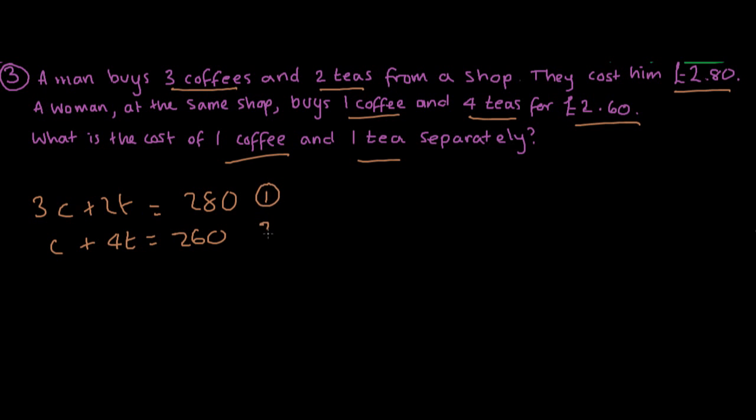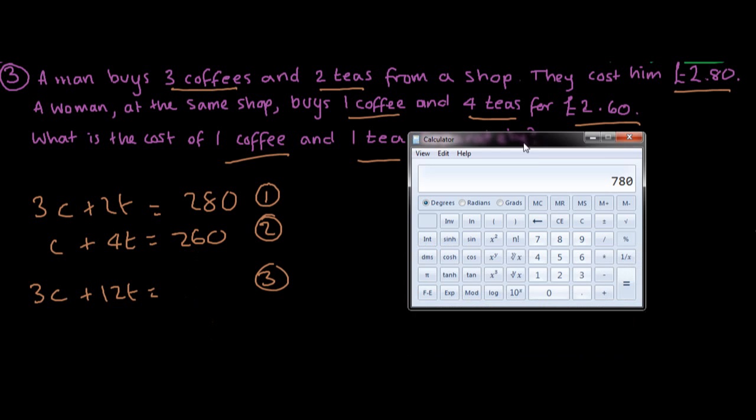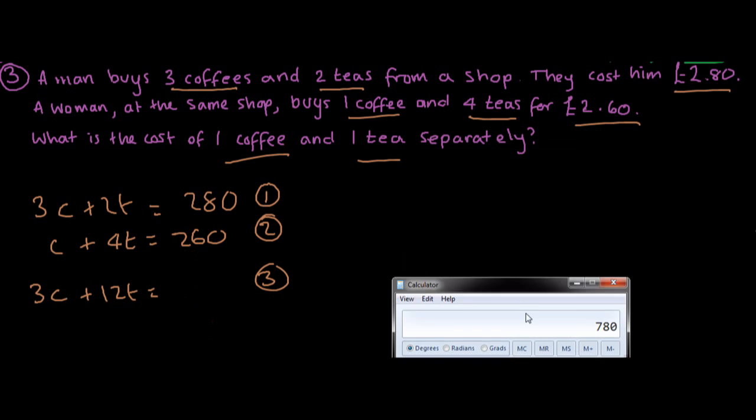So we just apply this, then make the variables the same. I'm going to make the bottom the same as the top. So all I have to do is make one extra equation. So times the bottom equation by 3. So we get 3c plus 3 times 4, which is 12t, equals 260 times 3, which is 780.